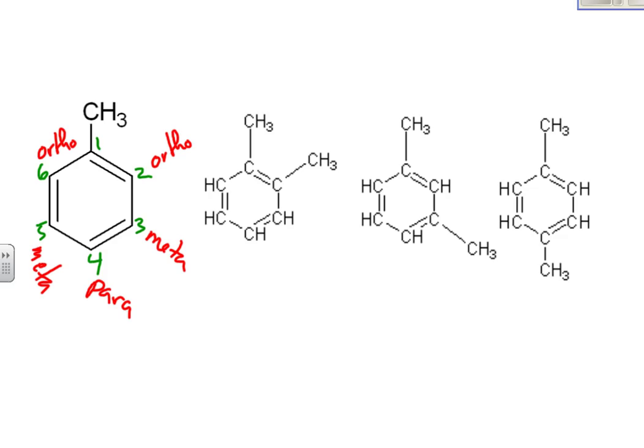So given that, the one next over here, if we use a numbering system, it would be a 1, 2. So we would have 1, 2 dimethylbenzene.